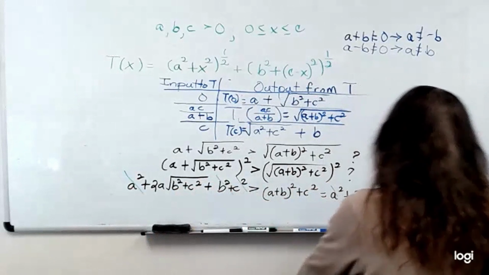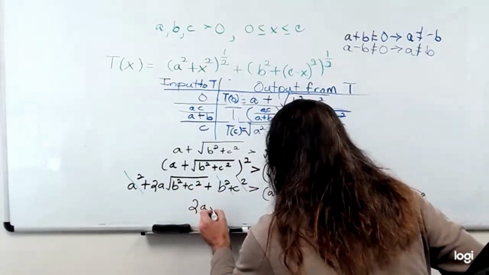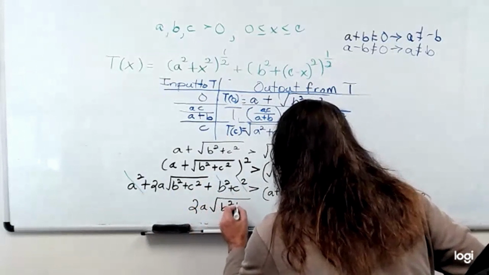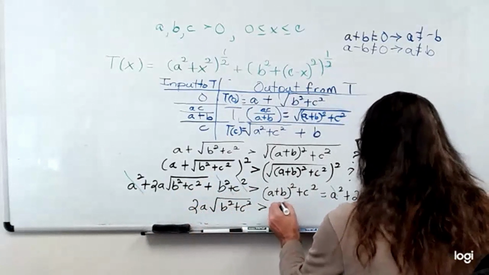So that now we're trying to check whether 2a square root b squared plus c squared is greater than 2ab.